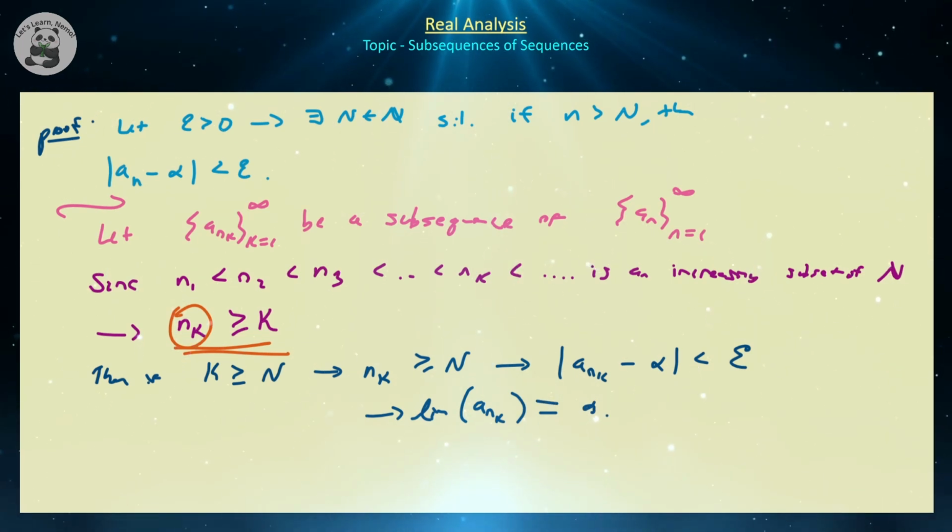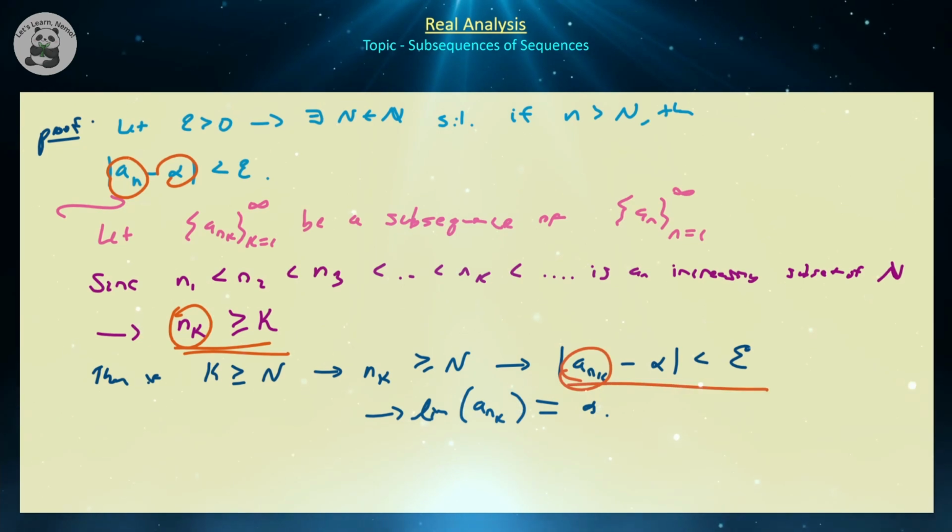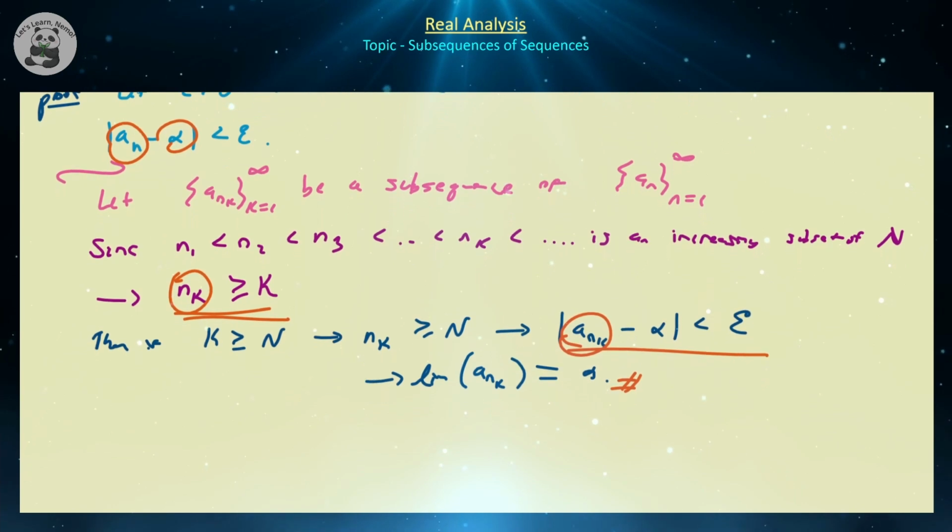So pretty much, if our sequence and the limit value are arbitrarily close to each other, then any subsequence and the limit of the overarching sequence will also be arbitrarily close to one another. That's practically what this proof is built upon, and that's the proof of that.